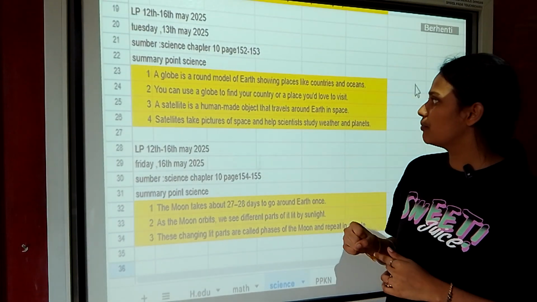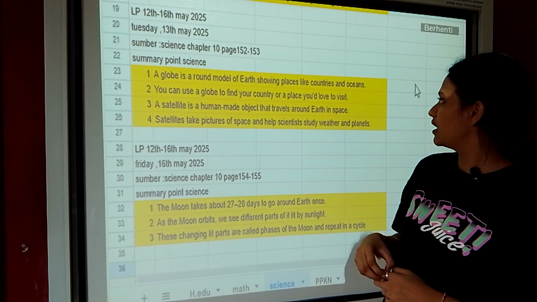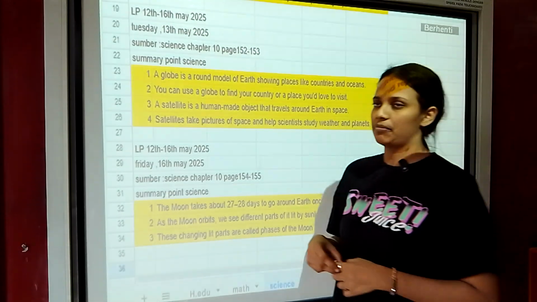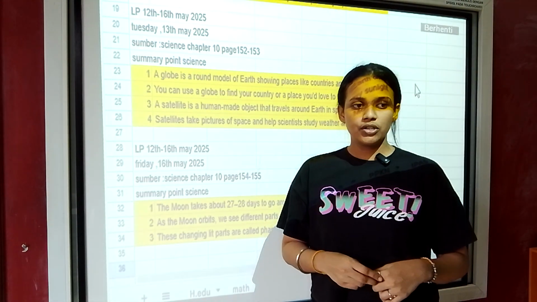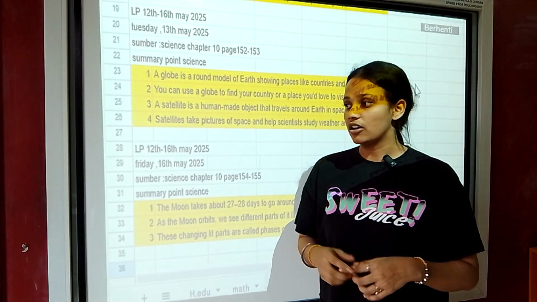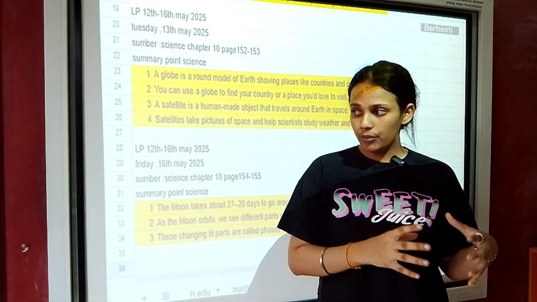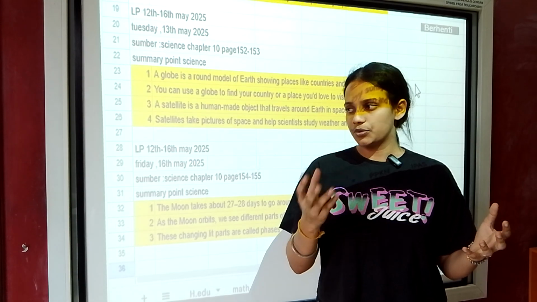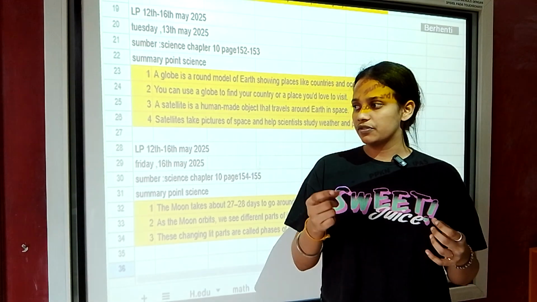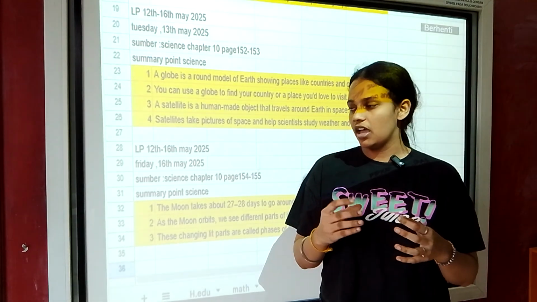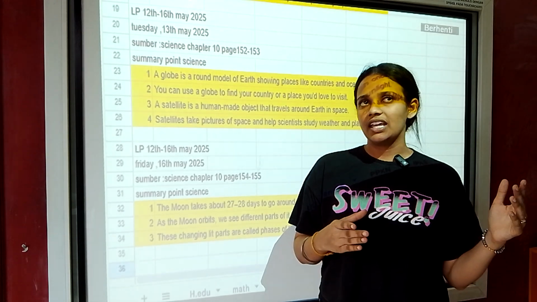Next, you can use a globe to find a country or place you want to visit. For example, if we want to visit a country, we can look at the globe to find out where it is.